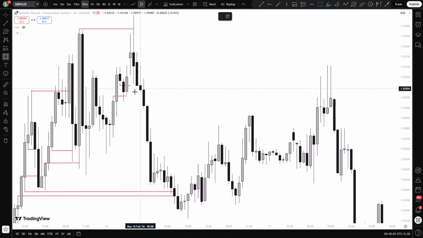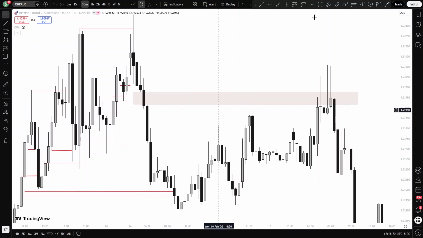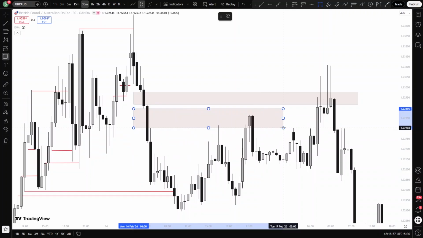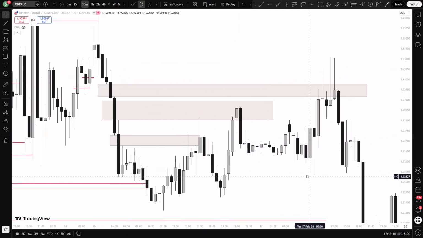We have this fair value gap here, this fair value gap here, this fair value gap here, and this fair value gap here. So all of these are fair value gaps.